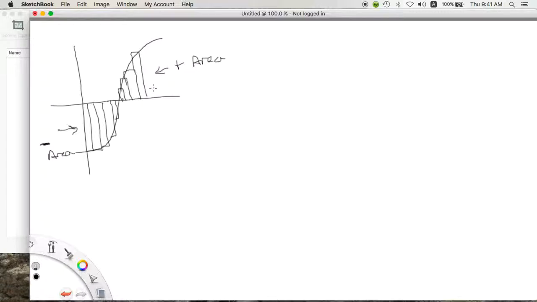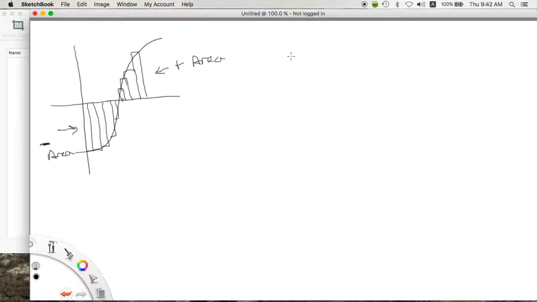So you're going to have to pay attention to that and pay attention to what the question is. Because if we want to find the total area, then we would just calculate this and add it up as it is.